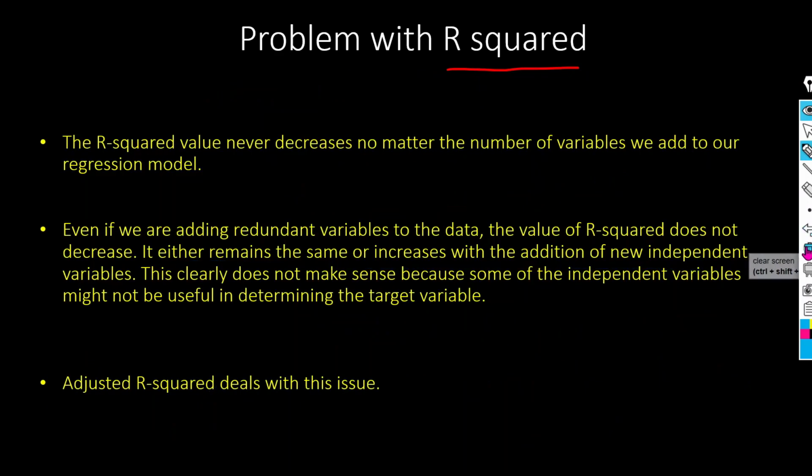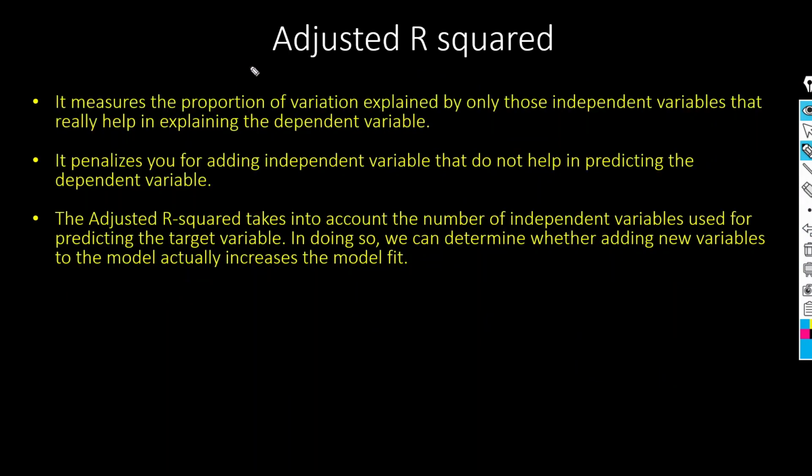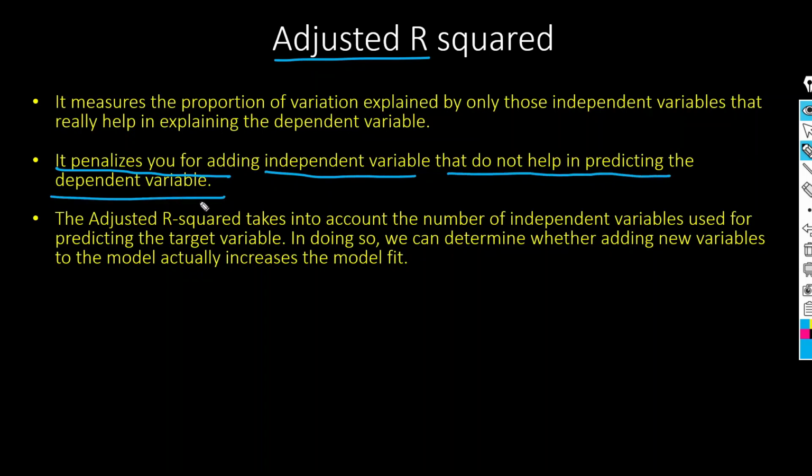Let's see how we can do that. What does the adjusted R square do? Adjusted R square penalizes you for adding independent variables that don't help in predicting the dependent variable, right?